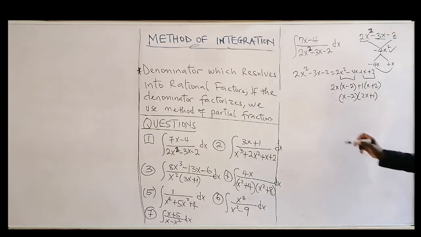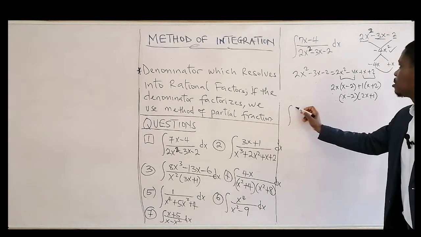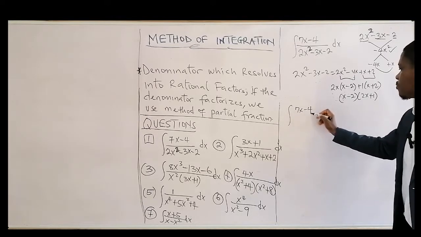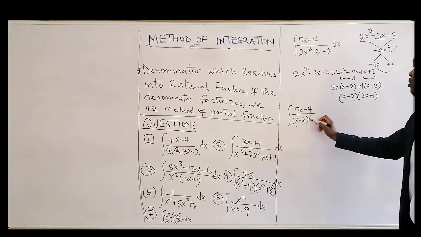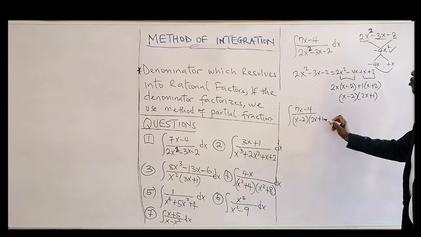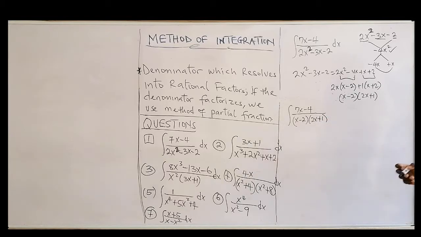So your integral is now becoming 7x minus 4 all over (x minus 2)(2x plus 1). There is a video which I made, please watch that video. It gives in-depth knowledge on partial fractions.